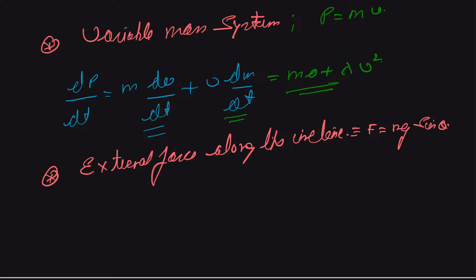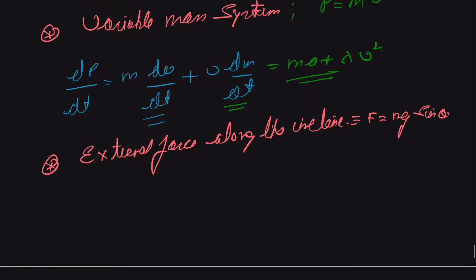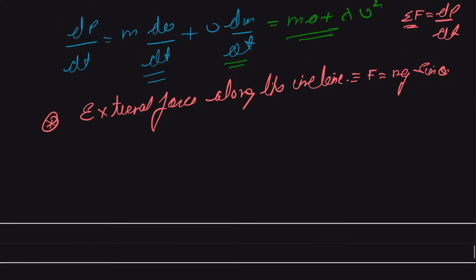So the summation of forces is equal to dp by dt. Here the only force is F, therefore we can write mg sine theta is equal to ma plus lambda v square.